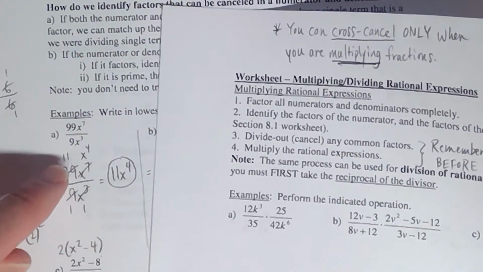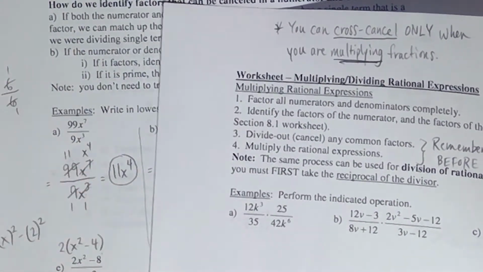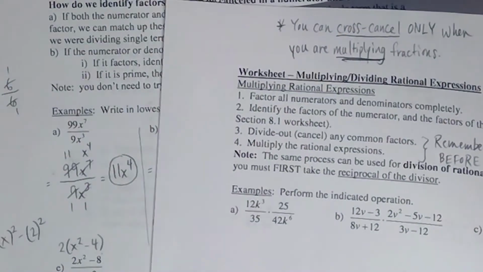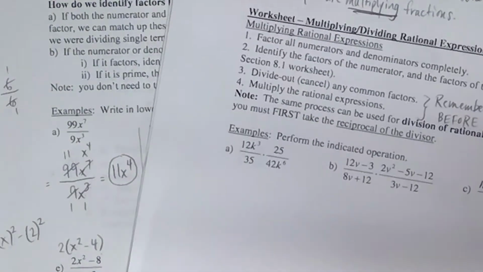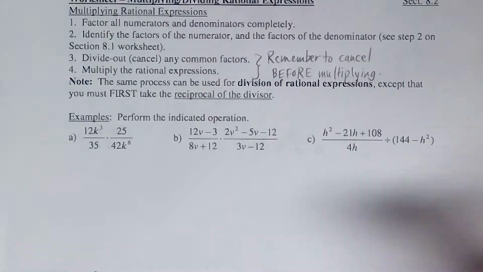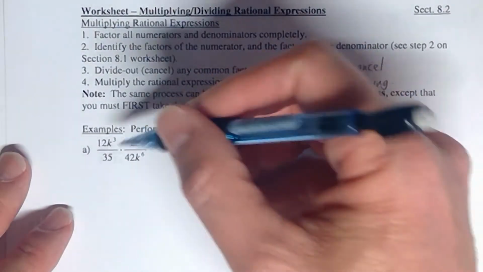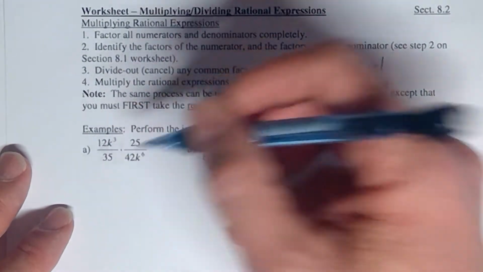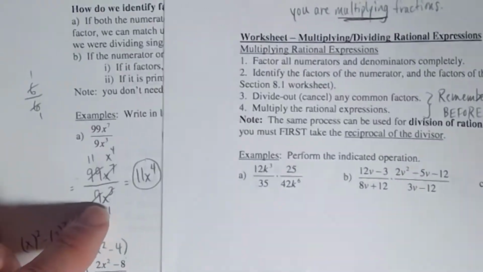You just start canceling. You start out with the coefficients, and then you do the variables if they're the same. That's all you've got to do. It's the same thing here, the only difference is that we have all four places. Don't multiply yet, just cancel in the same way we did here.